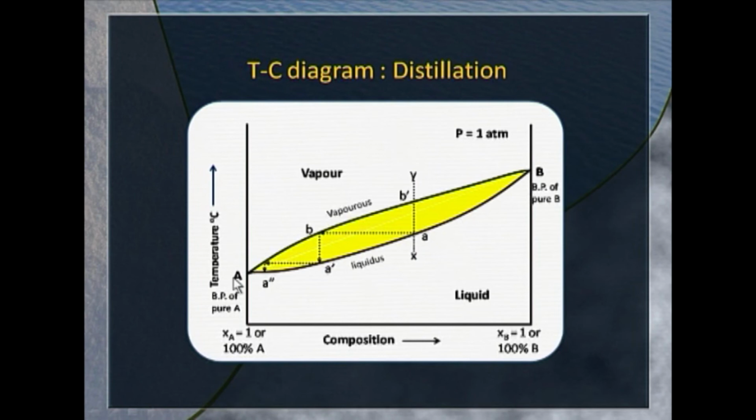So, what you are doing? You are vaporizing it, condensing it, vaporizing it, and condensing it, and ultimately you get the vapors that are pure A. We have brought about a separation, and this process is called fractional distillation, because we are doing it, collecting the fraction and redistilling it, and collecting the fraction and redistilling it till we get the pure liquid A.